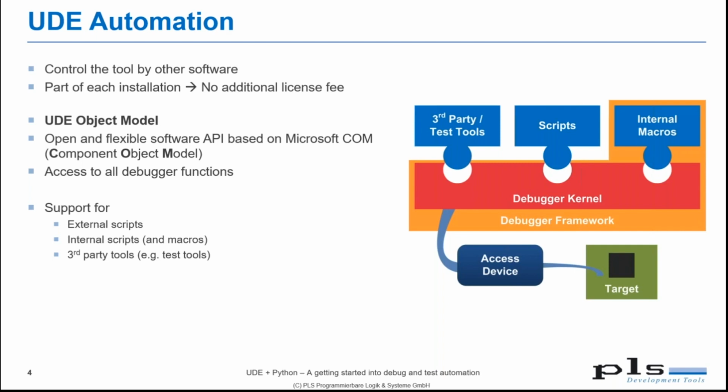You can, for example, attach a test tool from a third-party vendor to the object model, and then to UDE, to directly test on real hardware using all the debugger functions. You can control the target device from the test tool directly and also access variables, memories, and such things.